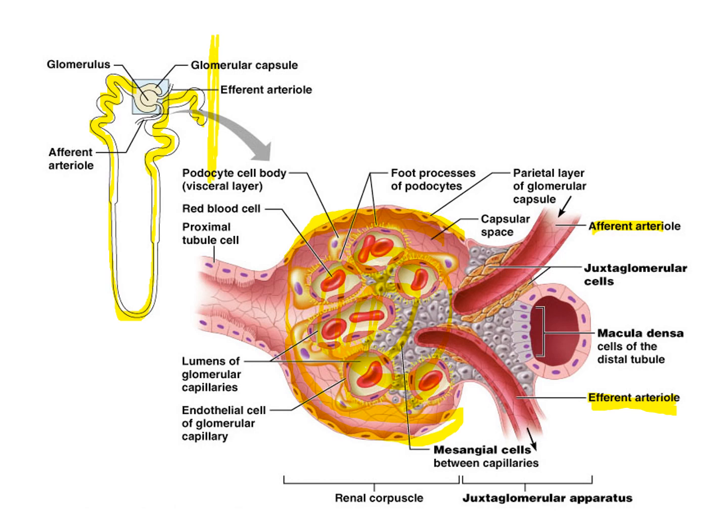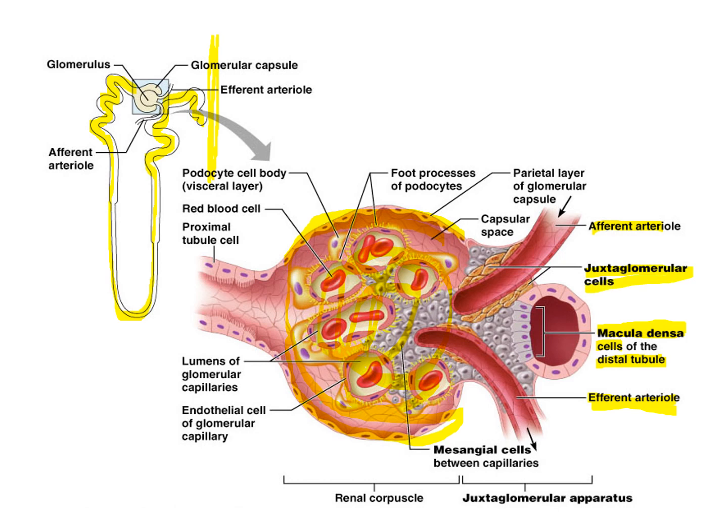If we look at the high power magnification, you can see the part of the distal convoluted tubule that's coming back near the glomerular capsule, and in the wall it has a structure called the macula densa, or macula densa cells. There are also specialized cells around the incoming afferent arteriole.